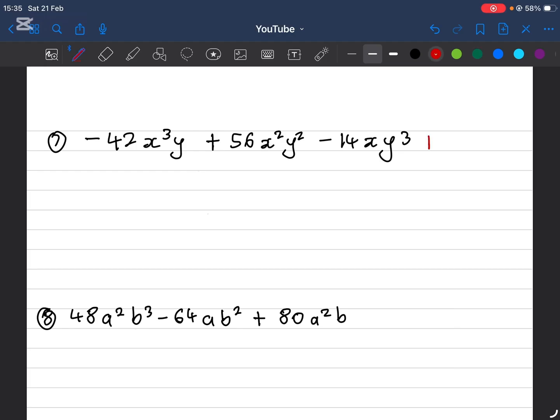Now, first, our highest common factor of 42, 56, and 14 is going to be 7. So the highest common factor between those three is 7. And now we need to go ahead and check for the letters. Between your letters, you've got x cubed, x squared, and x. The highest one is going to be x. And your variables y, you've got y, y squared, and y cubed.